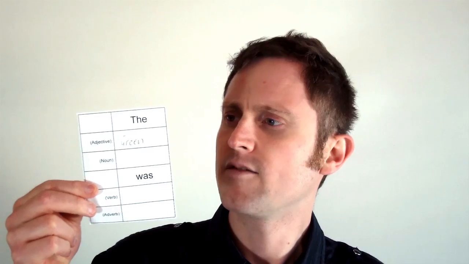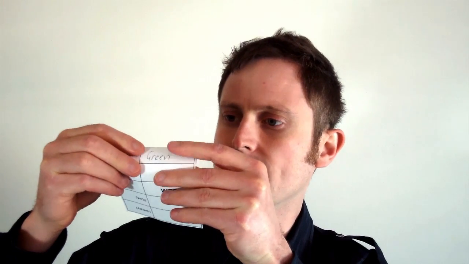Alright, now that they've put their adjective in the spot, they need to fold the paper like so, so that the other player can't see what they've written. The next player needs to write a noun. I know what I've written, unfortunately, but the player who wrote the noun wouldn't know what the adjective is.